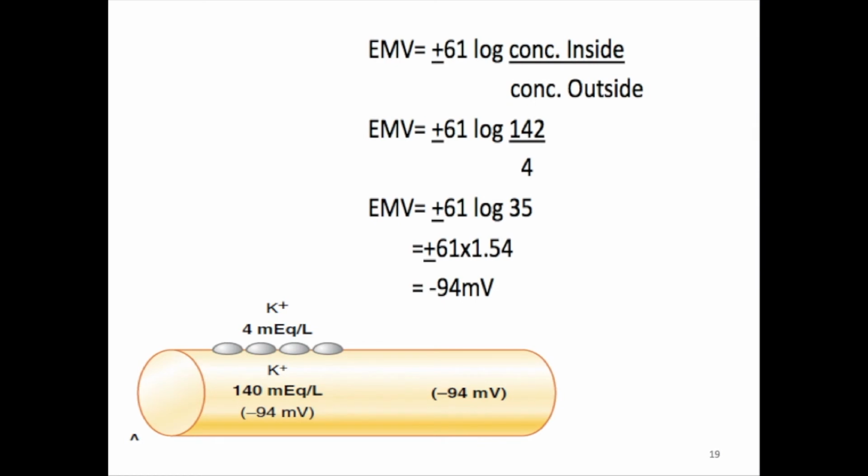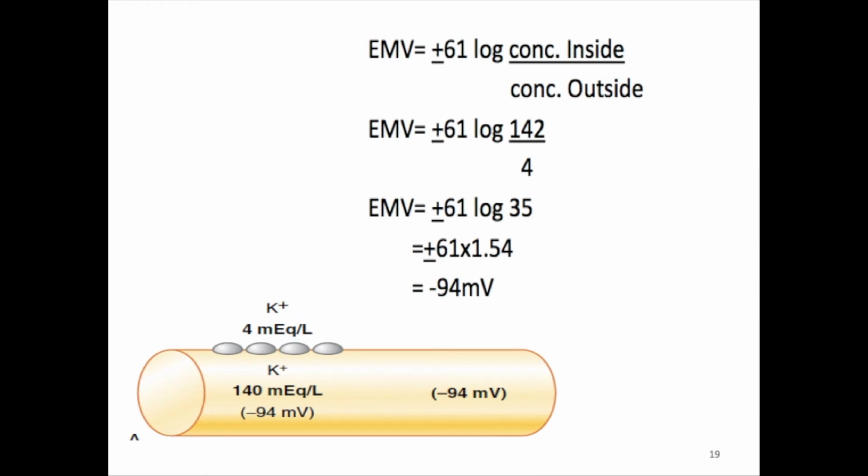Now, we will look at the contribution of potassium's diffusion potential. We assume that the only movement of ions through the membrane is the diffusion of potassium ions. And you can see that potassium is concentrated on the inside as compared to the outside, so it has a diffusion potential to transport from the inside to the outside of the cell.